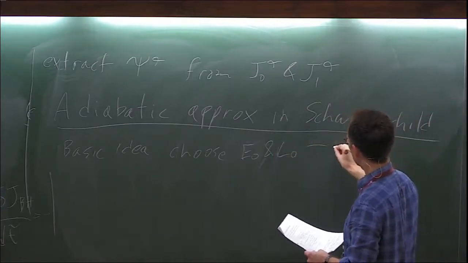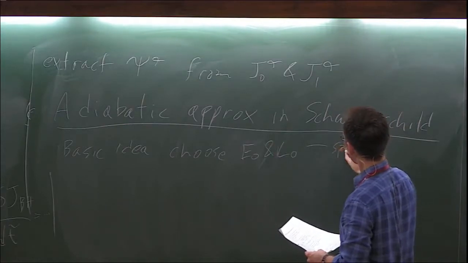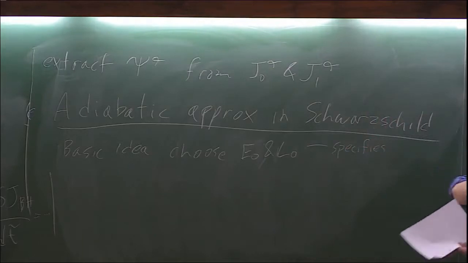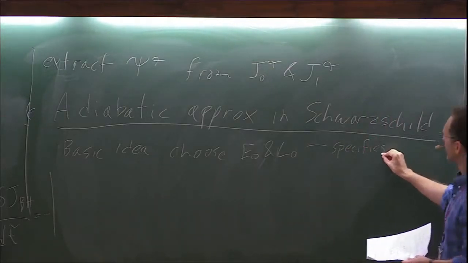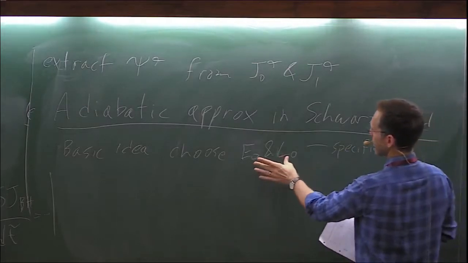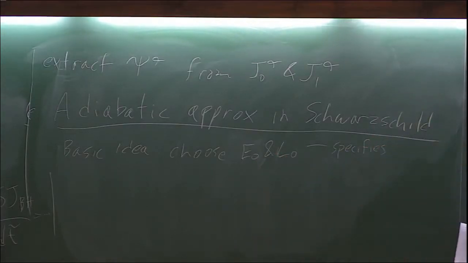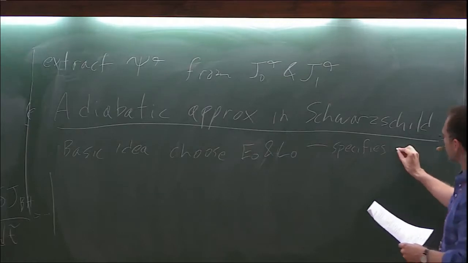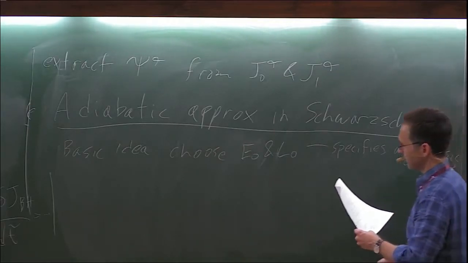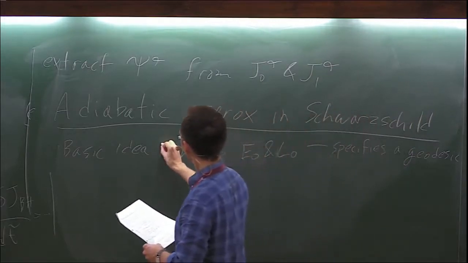And then this specifies for you a geodesic up to trivial rotation in the equatorial plane. So restricting to the equatorial plane, E0 and L0 gives you a unique geodesic. So that's step one.